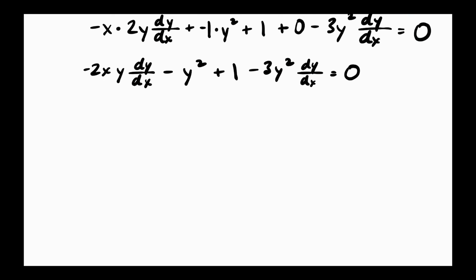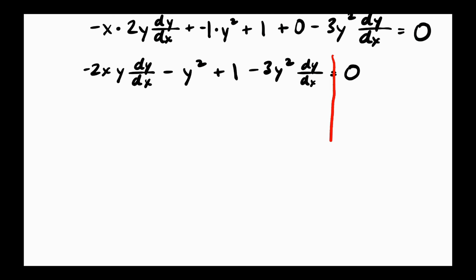Again, that had nothing to do with calculus. Everything from here on out has nothing to do with calculus. It's everything to do with isolating dy dx. Getting everything on one side that I want, getting everything on the other side that I don't want, and doing it correctly mathematically. Okay?